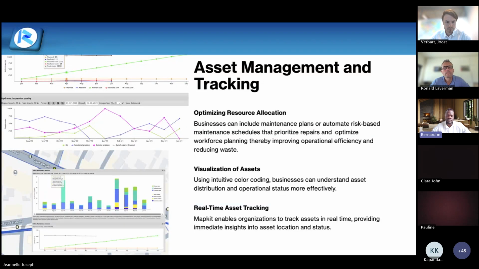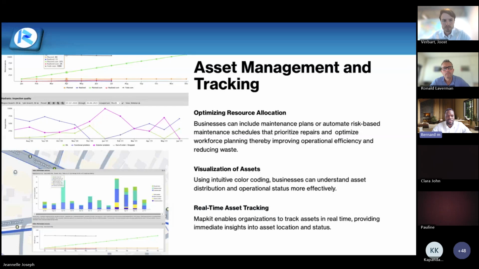Another business use case that our clients are able to do is asset management. So using MapKit, our customers can incorporate their own inspection schedules on MapKit, and they're able to track as these assets are checked. Is the fire hydrant working? Is it correctly working? Is it, first of all, findable?